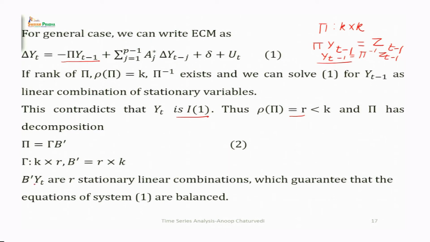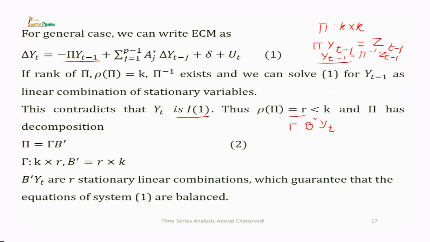Then B transpose y t are r stationary linear combinations, which guarantee that the equations of system 1 are balanced, because you have gamma B transpose y t minus 1, or you can also write y t here.